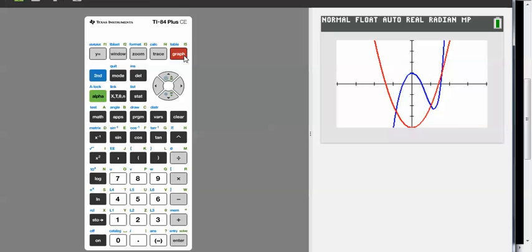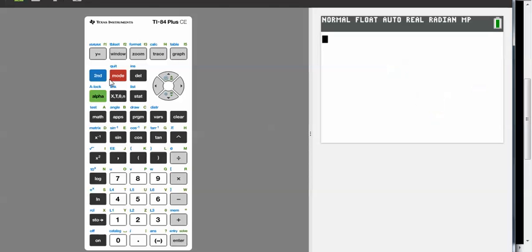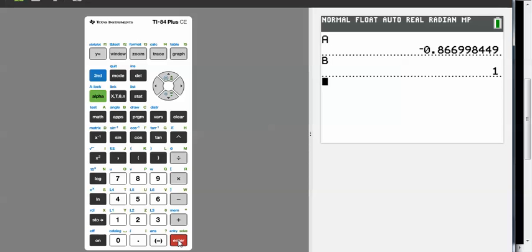Now we've done this before. We're going to calculate the intersections. I've already done it, so let me just show you. I calculated the intersections and labeled them A, B, and C. So A is when x is negative 0.866. B is when x is 1.